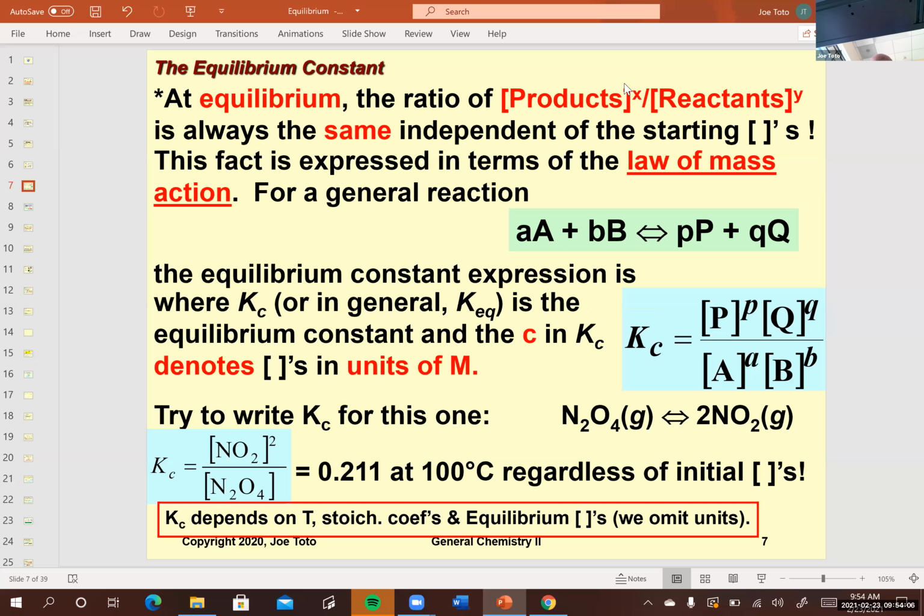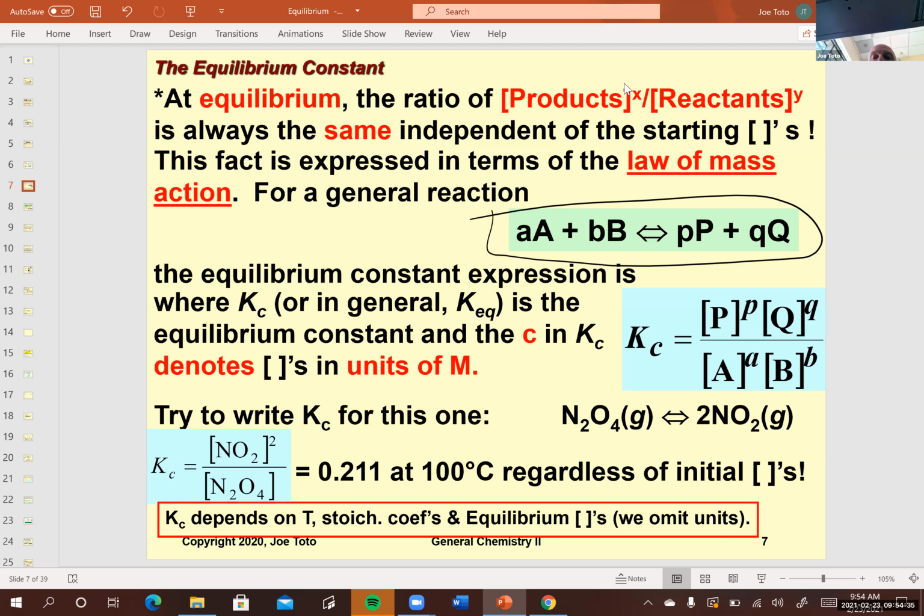All right. So then we went along and we introduced this special ratio of concentrations using what's called the law of mass action. The law of mass action says, say I have some generic reaction with stoichiometric coefficients in the small letters. The capitals represent the reactants and the products.